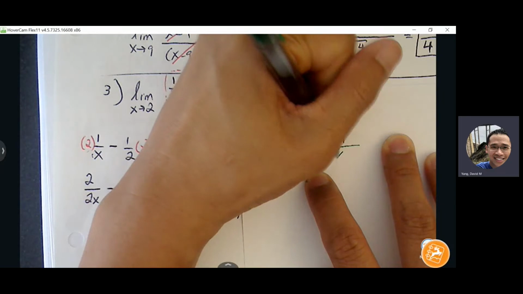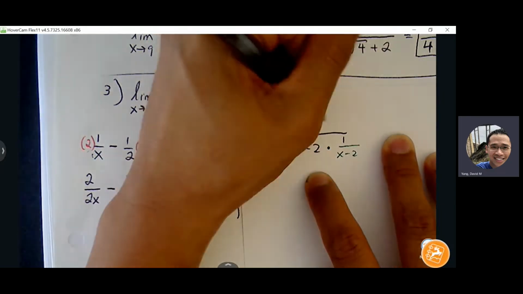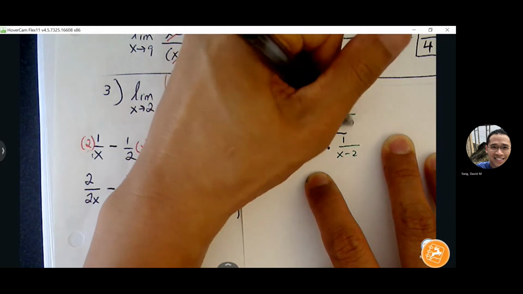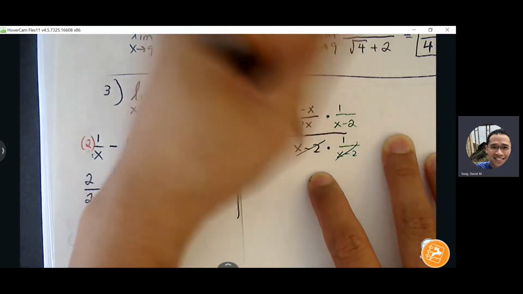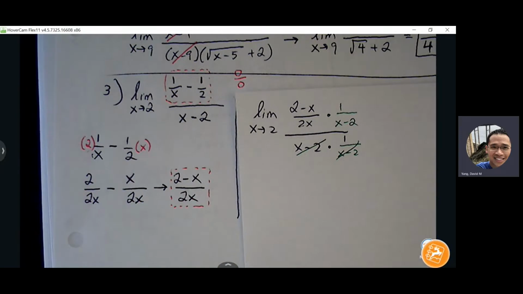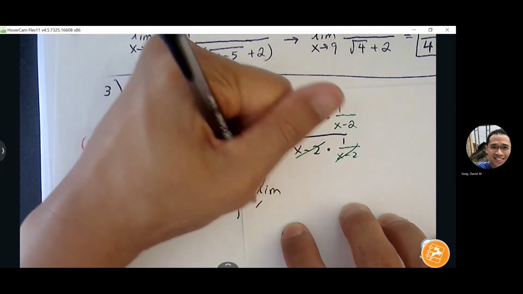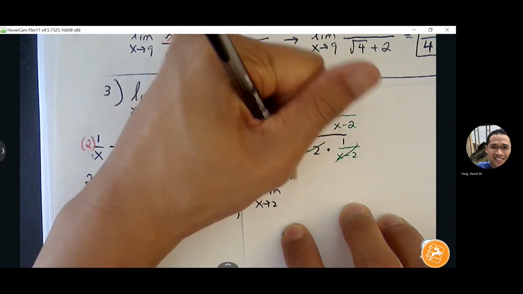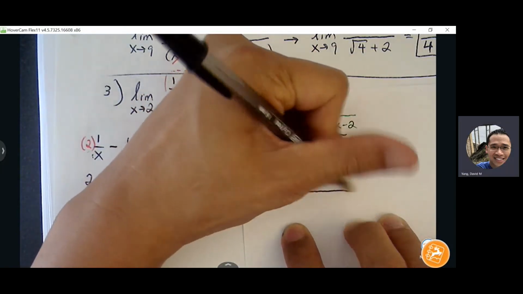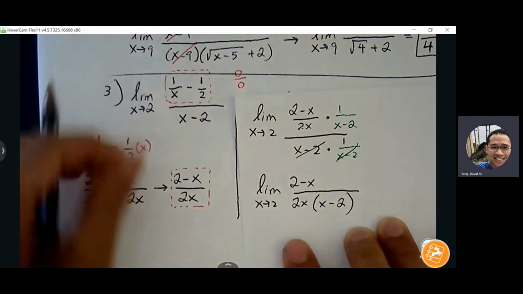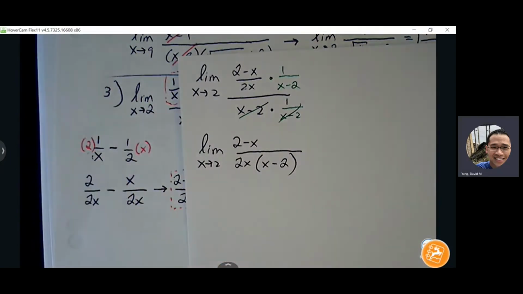So I'm going to bring this x minus 2 up. But if I bring it up, I got to flip it. And now I can let that x minus 2 come up to the top. Once I'm here, I should begin to see some things take shape. The 2 minus x and x minus 2, they're close.